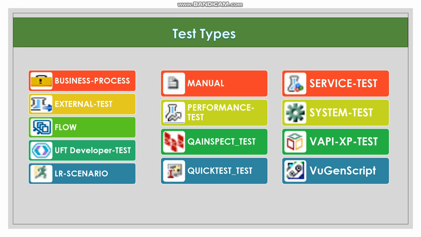A VAPI-XP test is a test that is created for Visual API-XP, the ALM Open Test Architecture API testing tool. And the last one is the VuGen script. A VuGen script is executed by LoadRunner, the Micro Focus load testing tool.